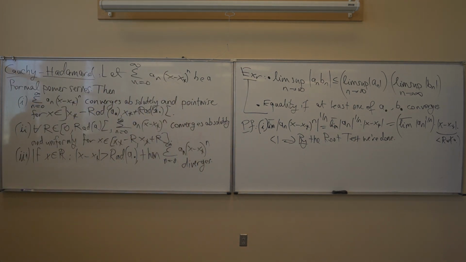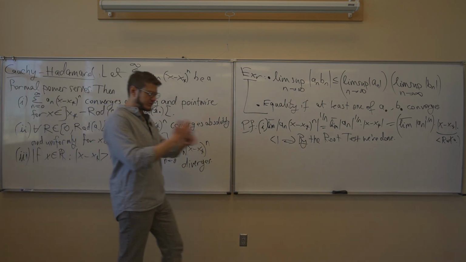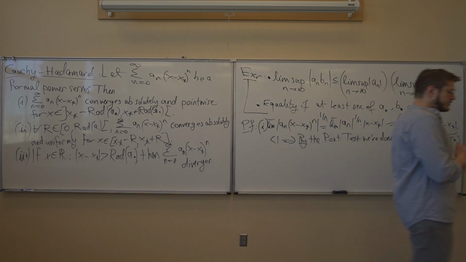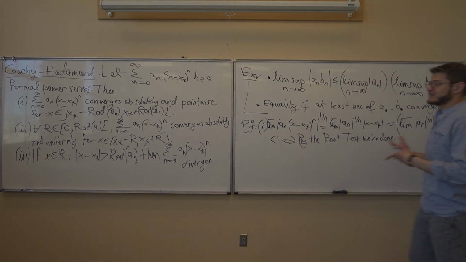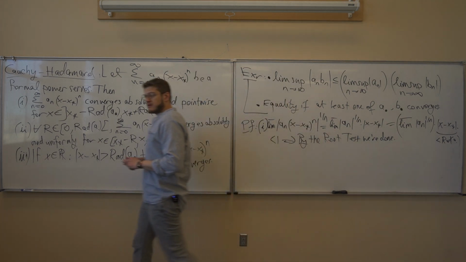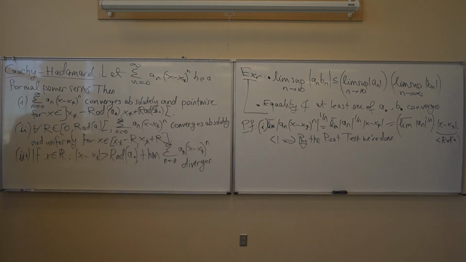Do you guys remember something that I can use in this context? What can I use to deduce the uniform convergence of a series of functions? There's one tool, basically. There's a test. The Weierstrass M-test. Exactly. So we're going to have to use the M-test here.